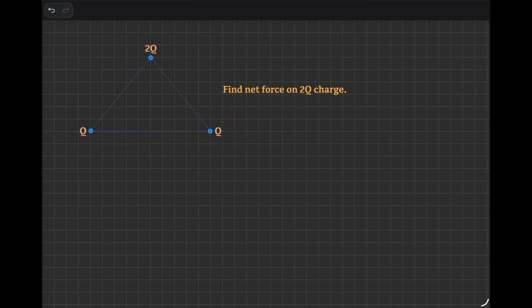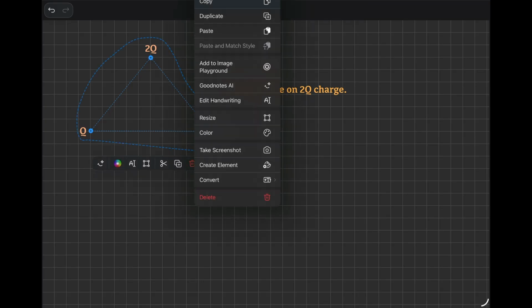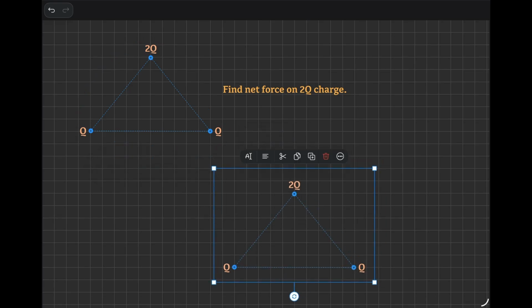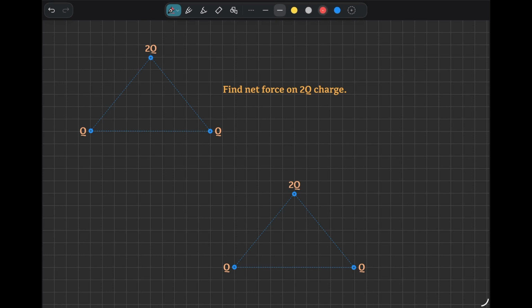Now if we need to solve this, again let's copy the diagram. Here they are asking for the net force on the 2q charge. Here is the 2q charge. So if we draw the diagram, both of the forces will be repulsive, hence I am showing their directions like this, and the other one this way.